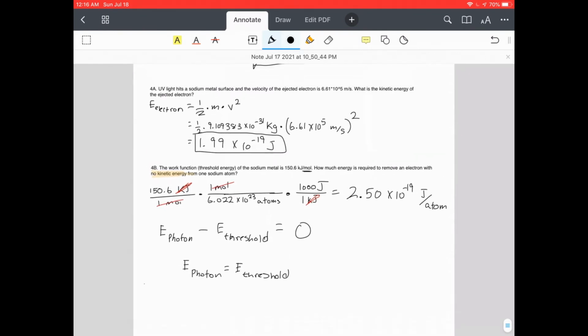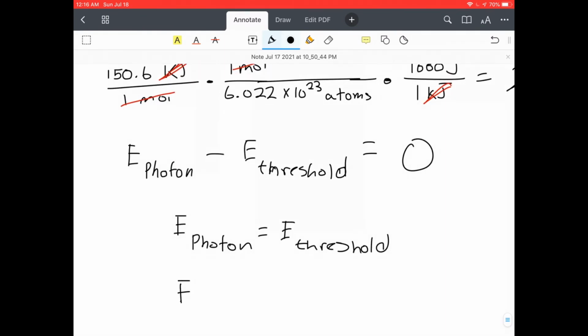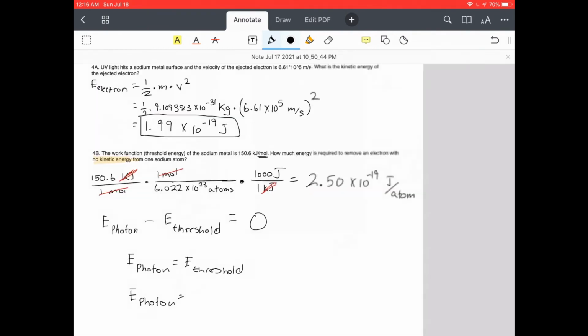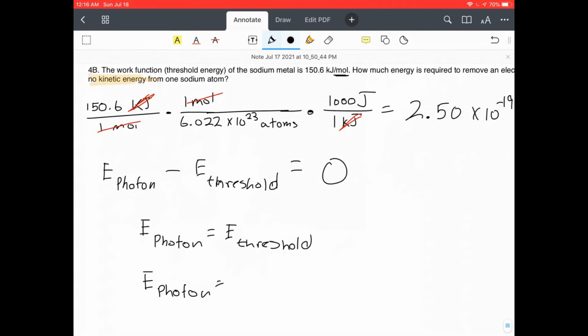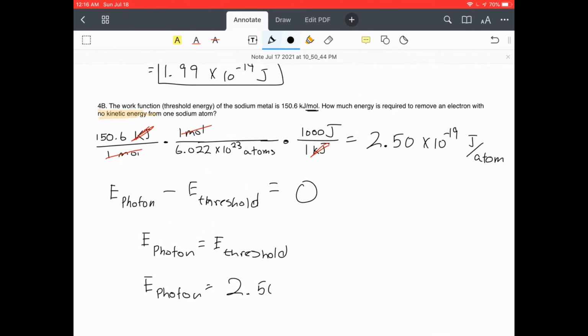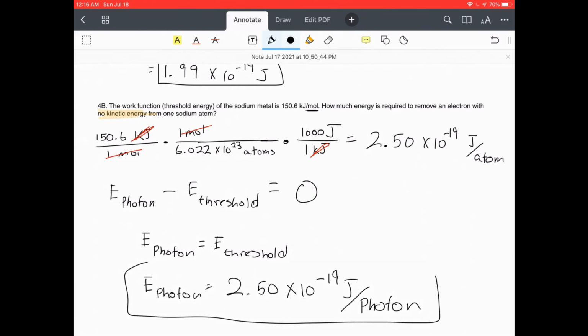And so the energy of the photon, if we substitute, must be what we figured out, 2.50 times 10 to the negative 19 joules per photon in order to kick out 1 electron in the sodium atom. And so this right here is our final answer for that question.